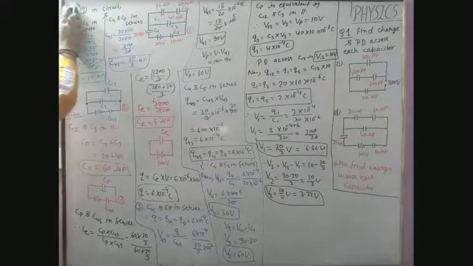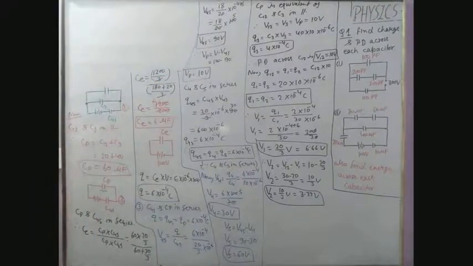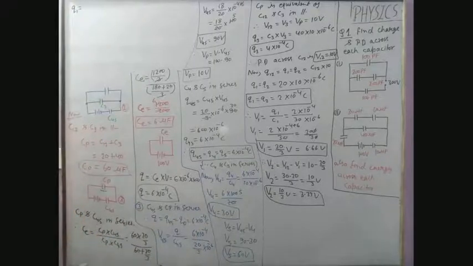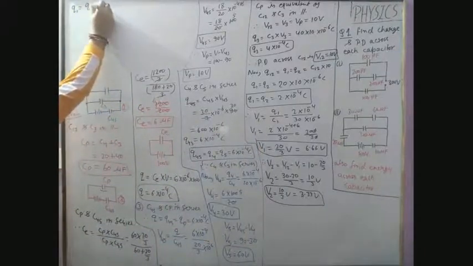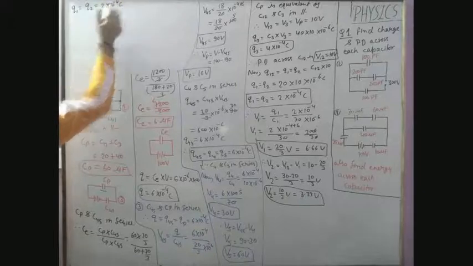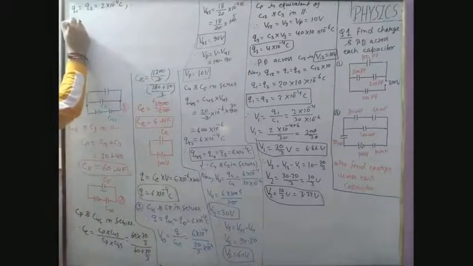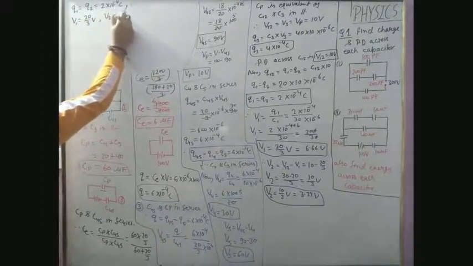Now I will write the individual conditions here, that is Q1 equal to Q2 equal to 2 into 10 to the power minus 4 coulomb, and their respective voltages V1 is equal to 20 by 3 volt and V2 is equal to 10 by 3 volt.